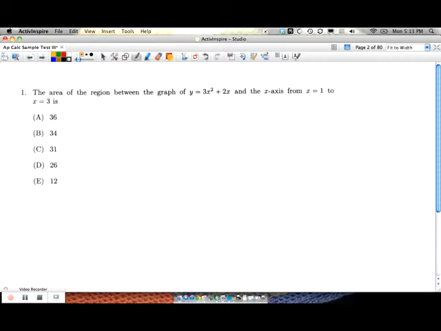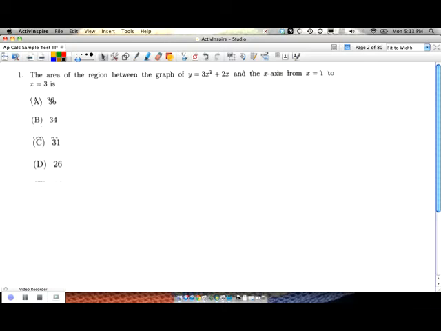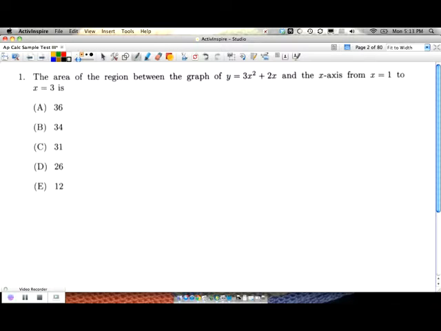So we start with this first problem. It says the area of the region between the graph of this and the x-axis from here to here. It's just basically saying the integral of y from 1 to 3 dx. Well, we do have to do it by hand, so let's go ahead and work it out.